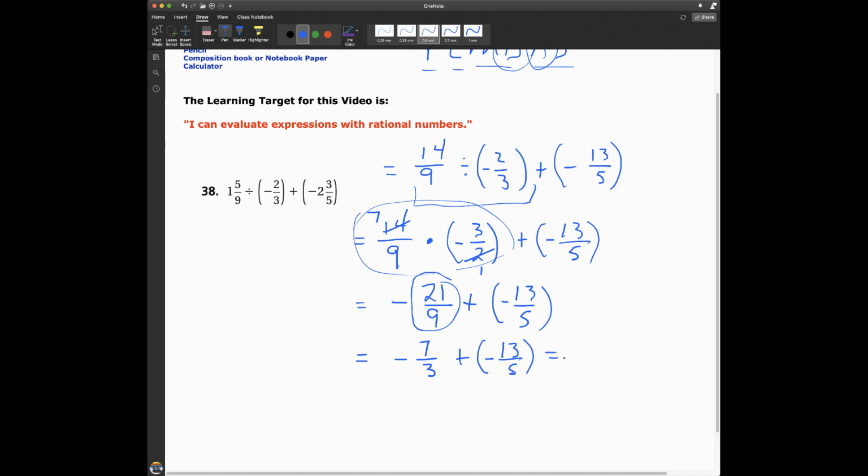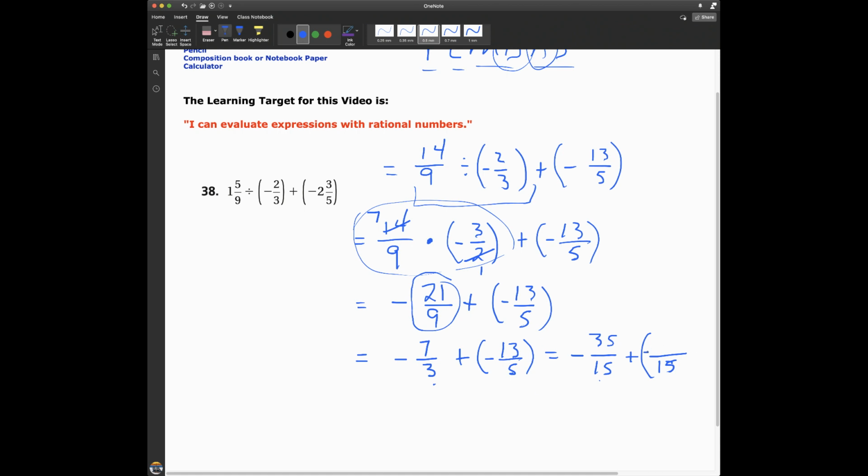My common denominator is 15. So this would be over 15. To go from 3 to 15, I multiply by 5. 7 times 5, 35. Plus, to go from 5 to 15, I multiply by 3.